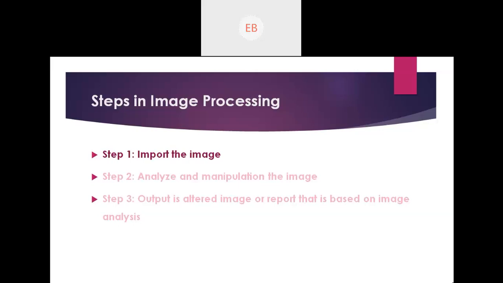Then after importing the image, we have to analyze and perform some manipulation on the image. And third, we get an output which is an altered image, that is, the report of the image based on the image analysis, which is the second step.